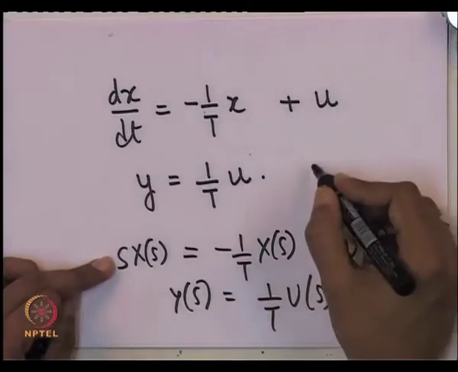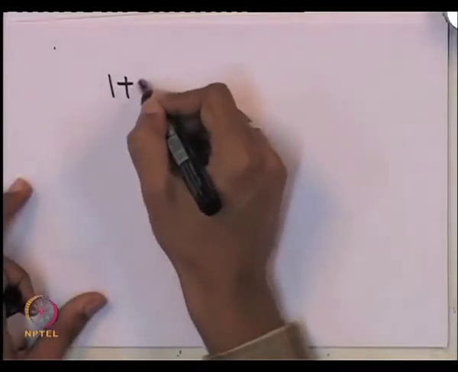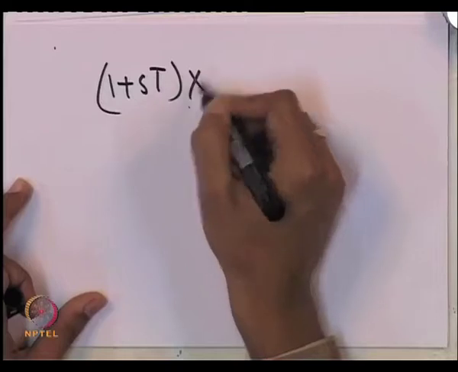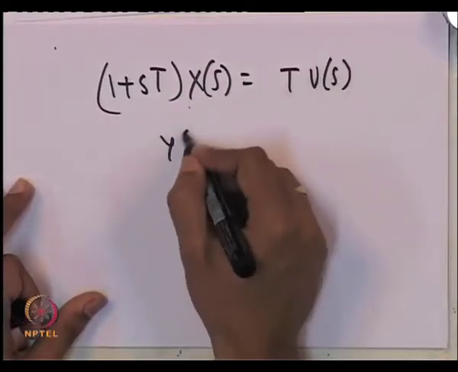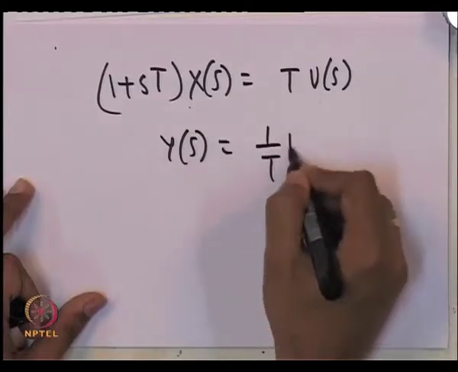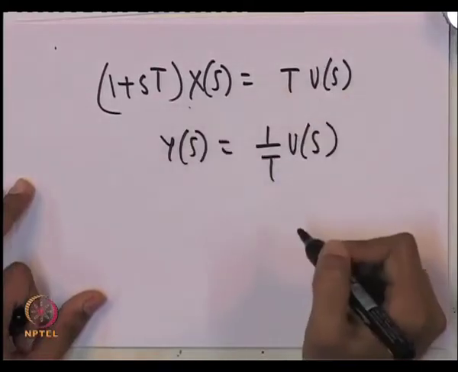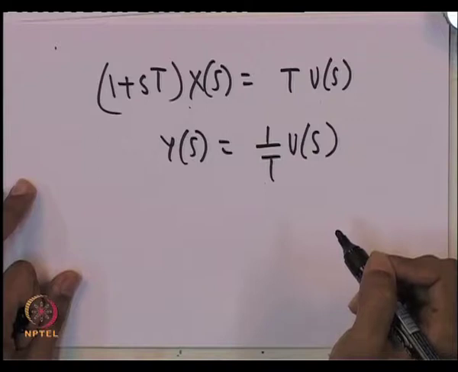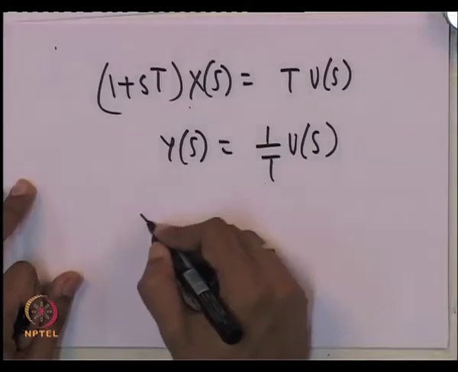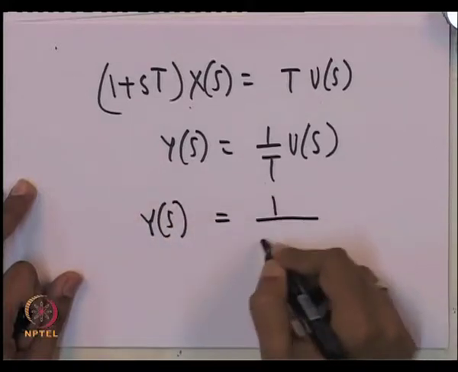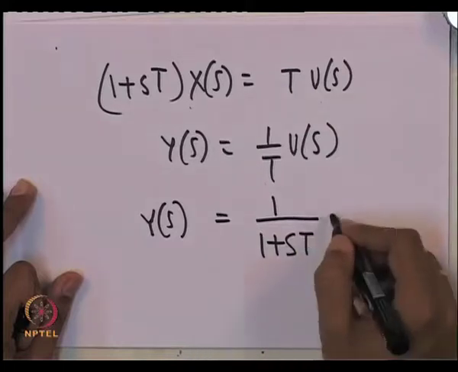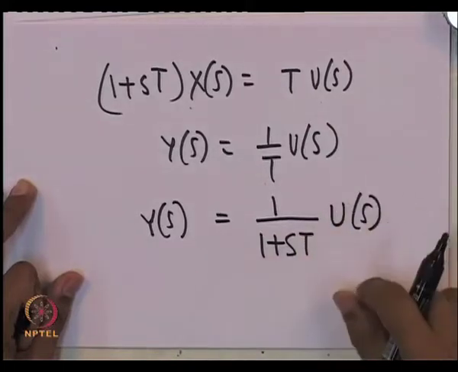So, what you will get eventually is (1 plus sT) X(s) is equal to T times U(s). So, Y(s) is equal to 1 upon T X(s). So, from these equations, what we can get effectively is Y(s) is equal to 1 over 1 plus sT U(s). Is that okay?